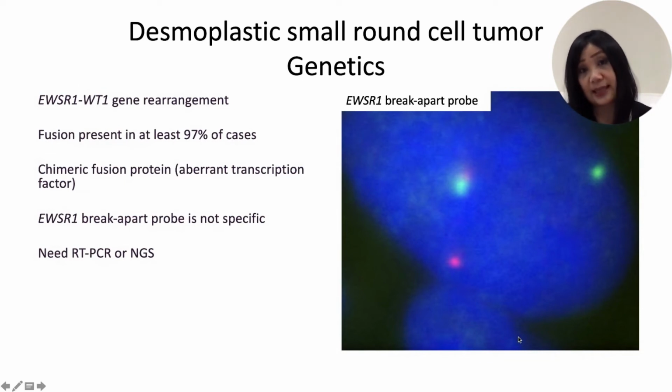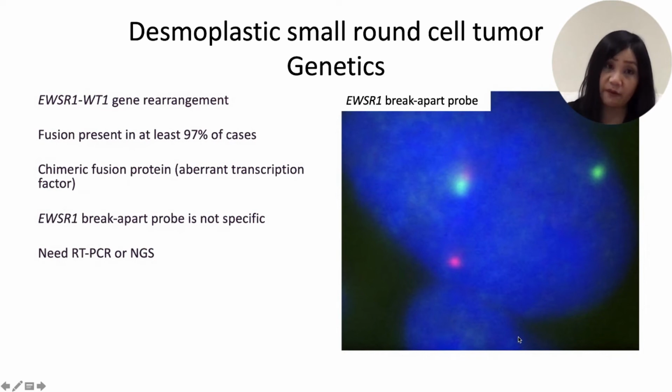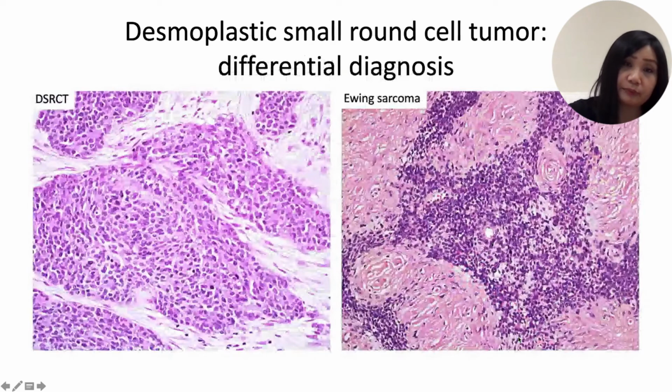Particularly in cases that show a very solid morphology or have limited sampling in a core biopsy. So it's ideal to have RT-PCR or NGS, although EWSR1 in a very striking morphologic and immunophenotypic and clinical context means that we can call it DSRCT.